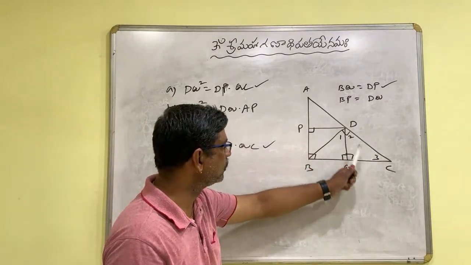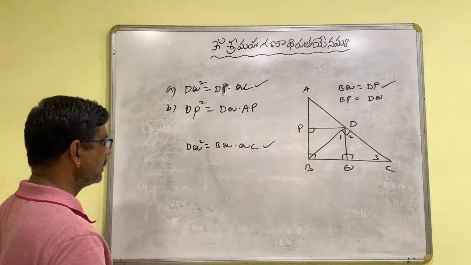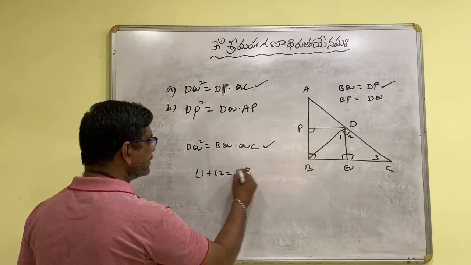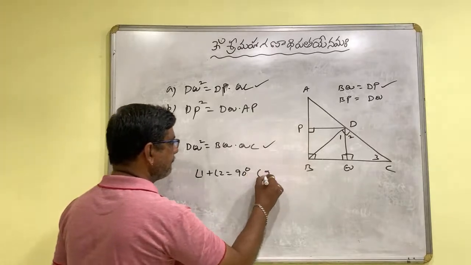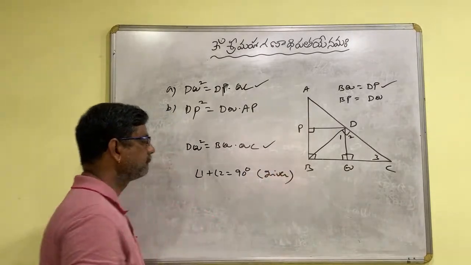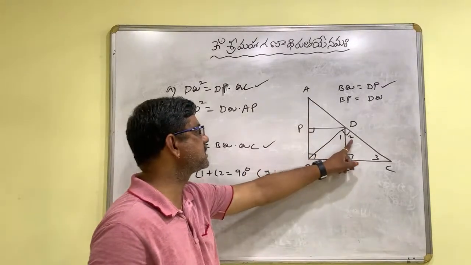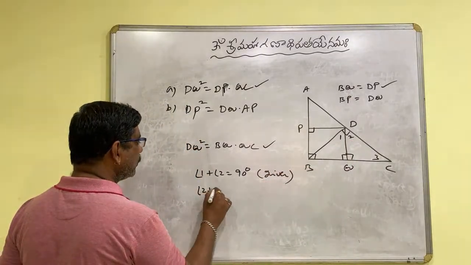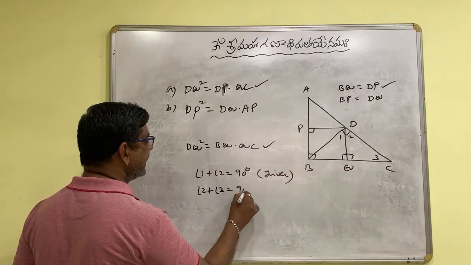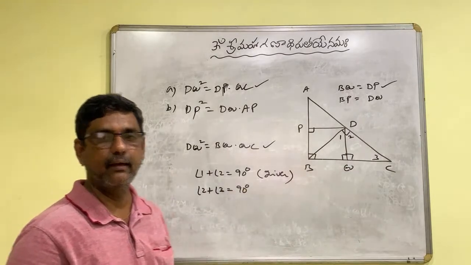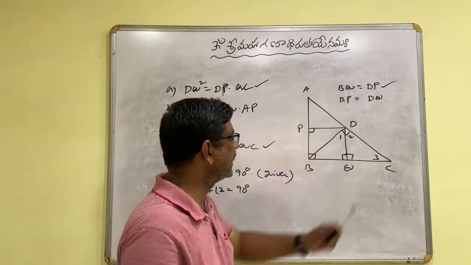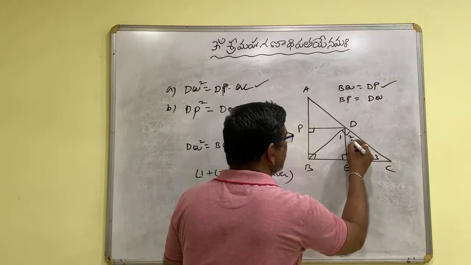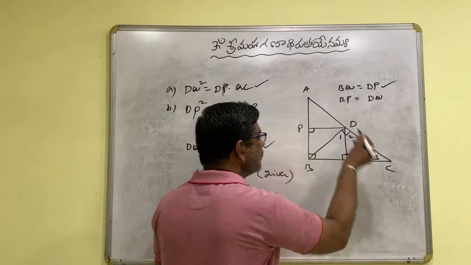Now I know angle 1 plus angle 2 is 90 degrees, given. And angle 2 plus angle 3 is also 90, because this angle is 90 degrees, so the sum of these two angles is also 90.